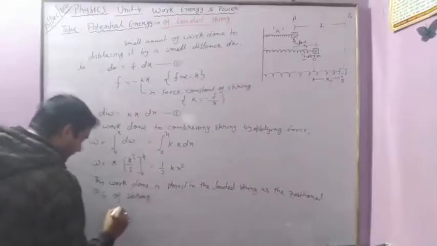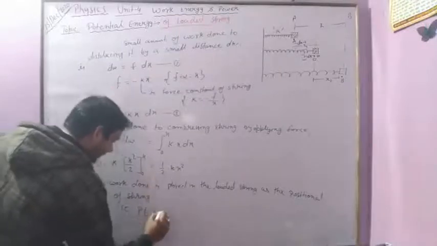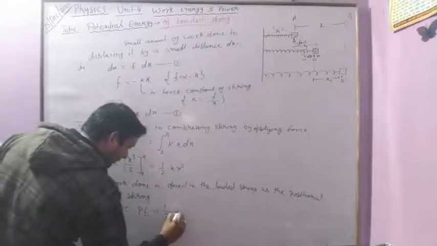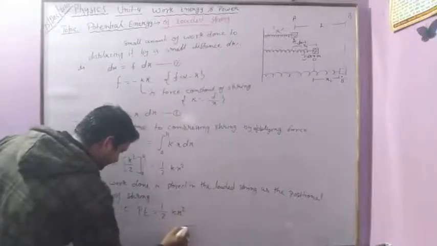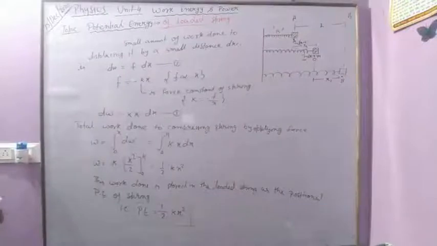Okay, that is, potential energy of spring is equal to half kx square. Okay, note down this.